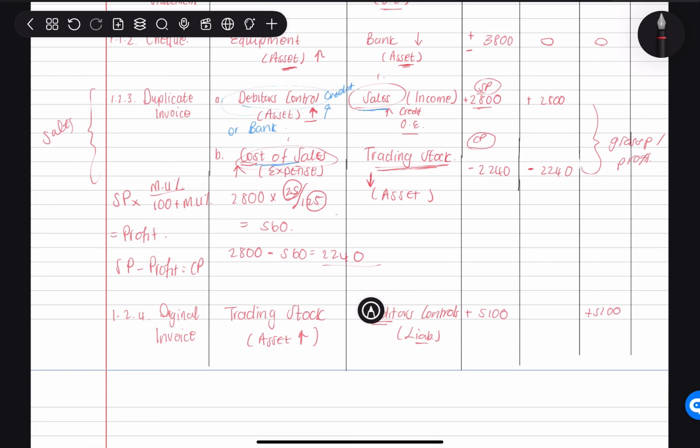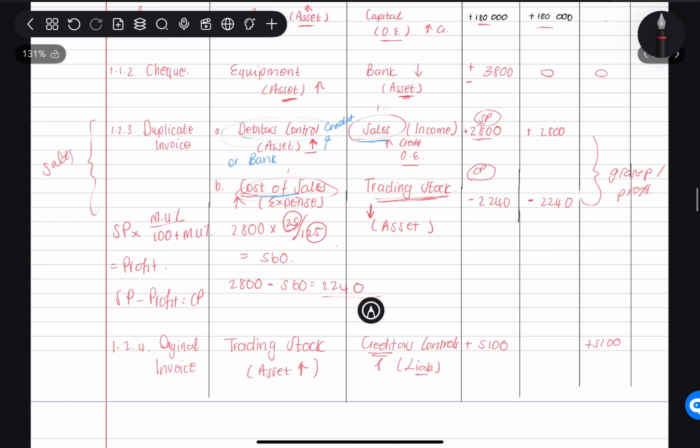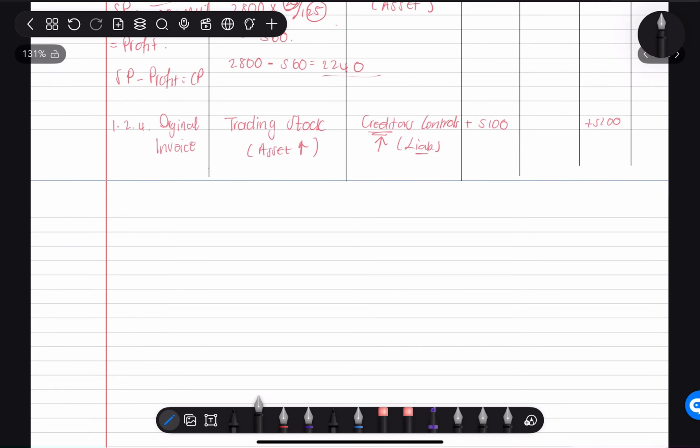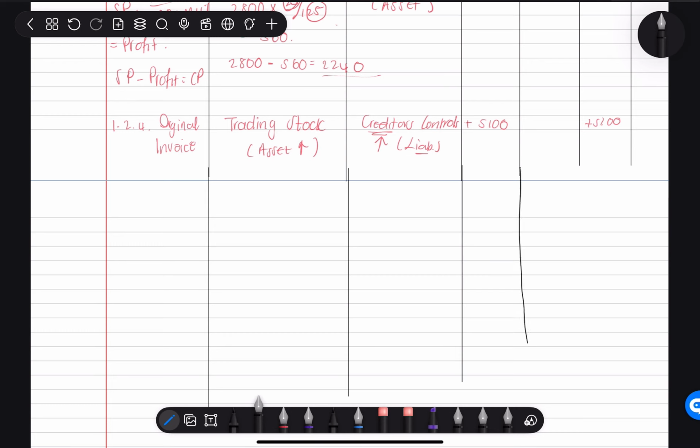Liabilities are increasing. We are increasing how much we owe. Plus 5,100. Let us continue. Our table keeps disappearing on us.